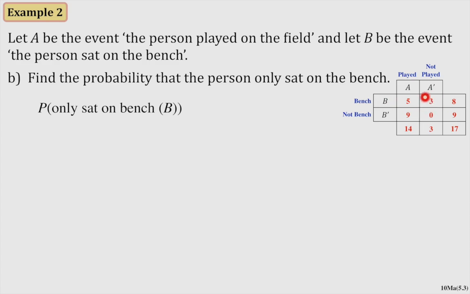So only sitting on the bench, these are all the people that sat on the bench. There were 5 that sat on the bench that played, and there were 3 that sat on the bench that did not play. So we've got 3 chances out of the group of 17 players.